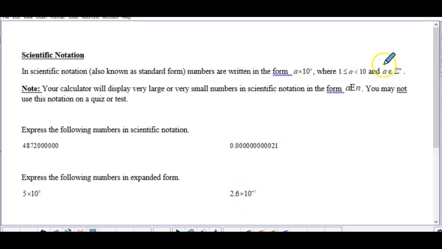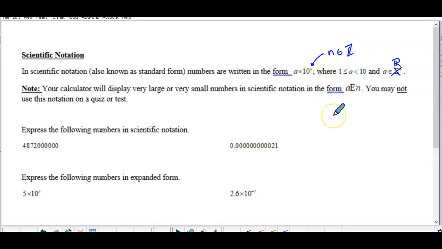So when we made up this form, we need to be careful of that. So a could be any rational, real number, and it's going to be rounded. n, though, is the set of integers, could be positive or negative.